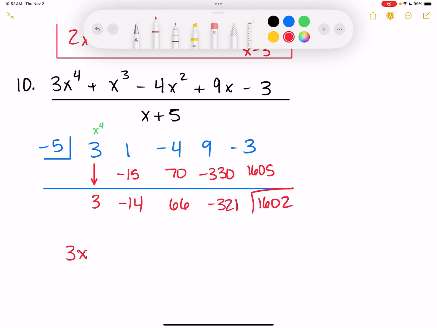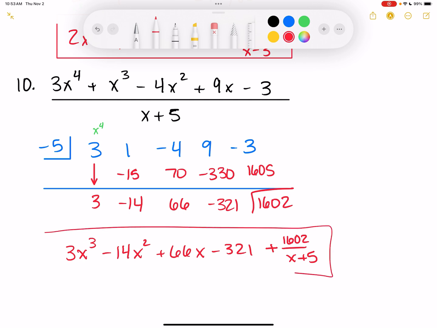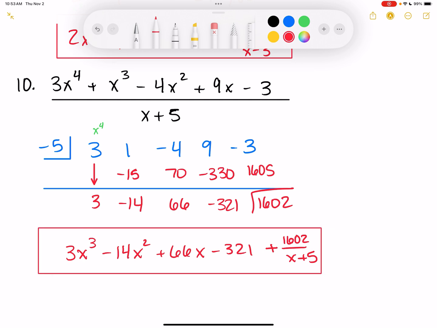So this ends up being 3x cubed minus 14x squared plus 66x minus 321 plus 1602 divided by x plus 5. So if we had a 0 in the spot where it would be the squared term, would we just skip that and would the next one be x?